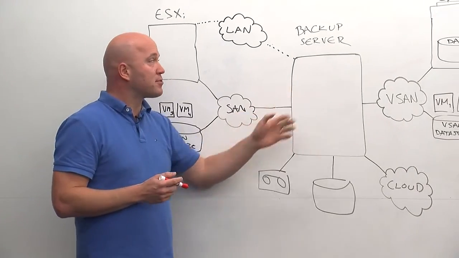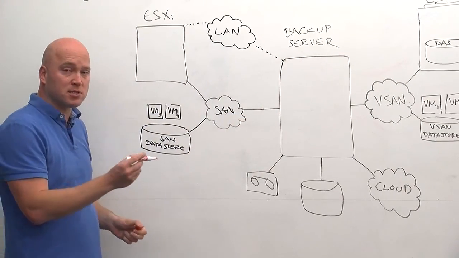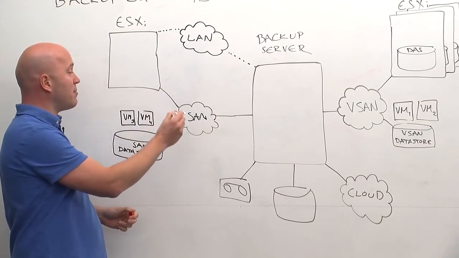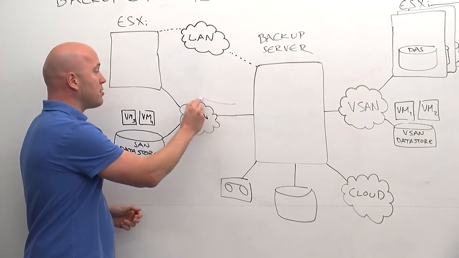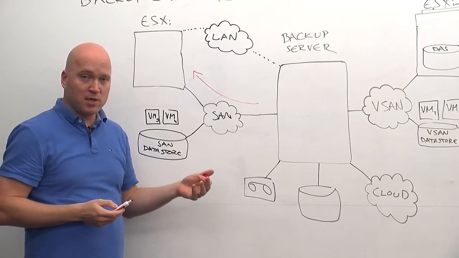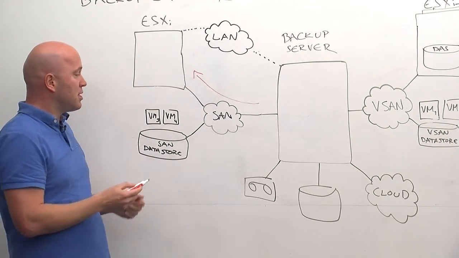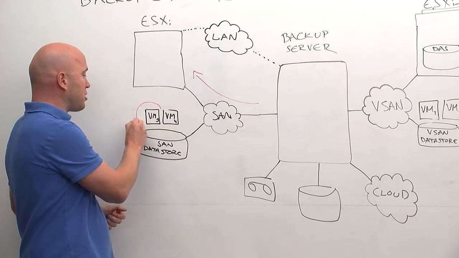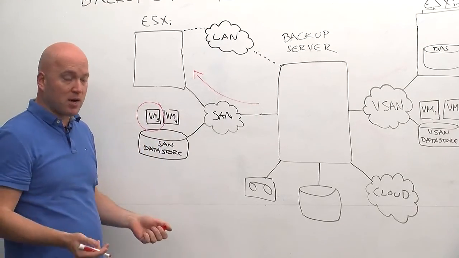So here we have the backup server, and it basically requests from the vSphere environment a snapshot of the virtual machines that we're targeting. So first of all, we send a request to the vSphere host to give us a snapshot of a particular VM that we want to back up.